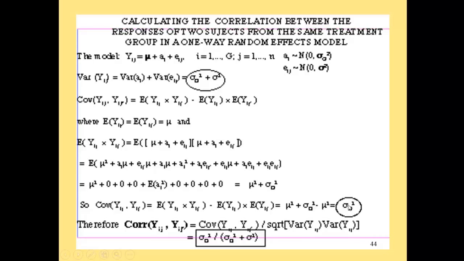So it's just sigma 0 squared. That's the covariance. So now we have the variance of any Yij, and we've got the covariance between any Yij and Yij prime.